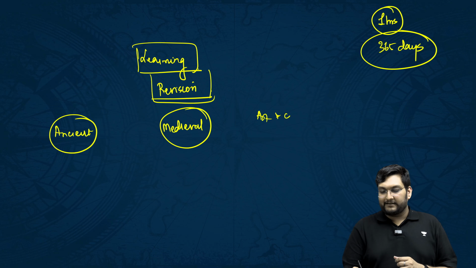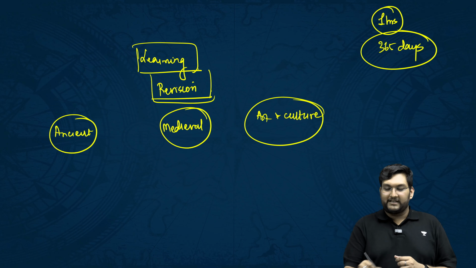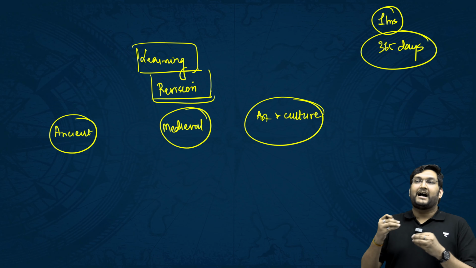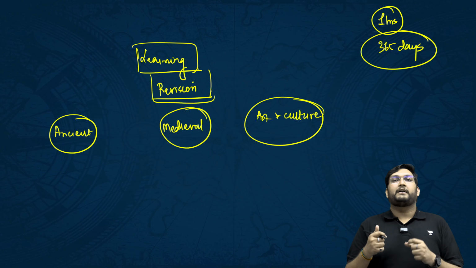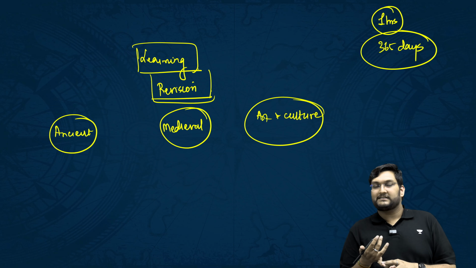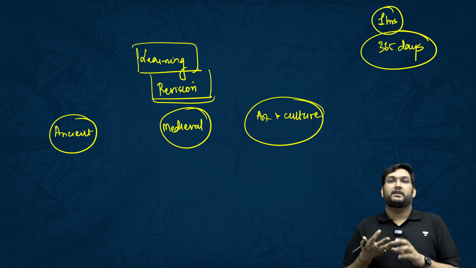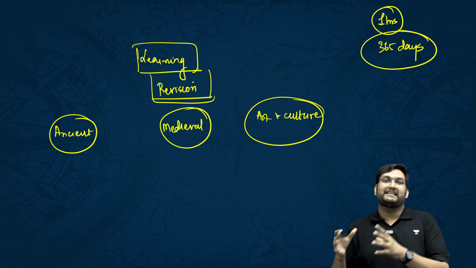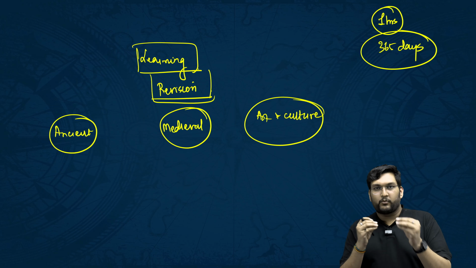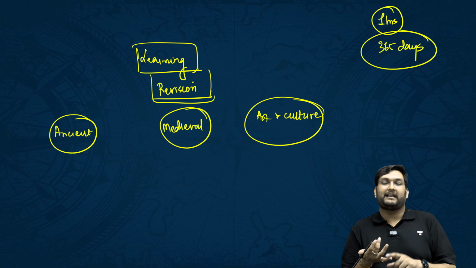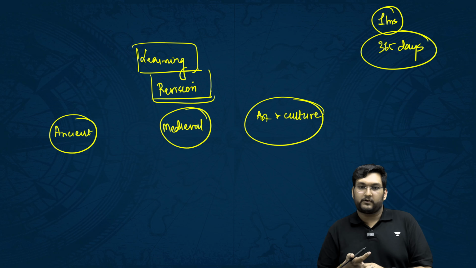In art and culture, generally what you've covered through ancient and medieval is important, which is architecture, sculpture, and painting. But here, you cannot ignore classical dances, music, the intangible and tangible heritages, and other smaller topics, for example foreign travelers, numismatics, 6 schools of philosophy, quite important.